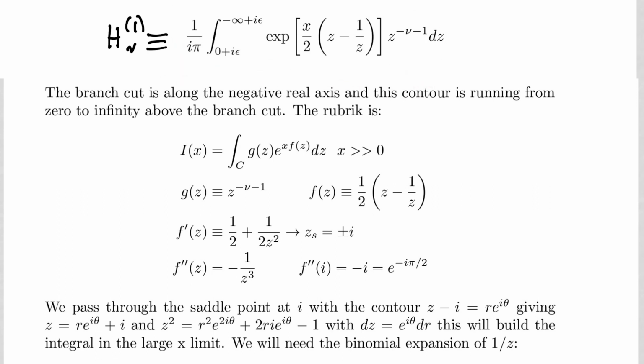Not a problem, not hard at all, because this factor right here becomes g of z. That's an analytic function of a complex variable z. Then we have this one half of z minus 1 over z, and that is an analytic function, and that's f of z. And then we have the exponential x.